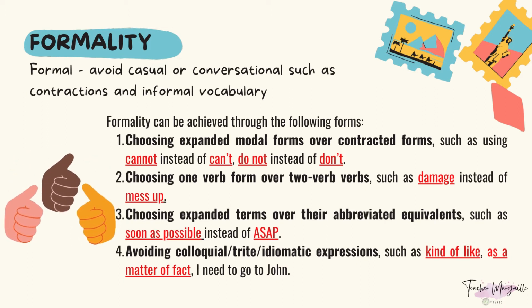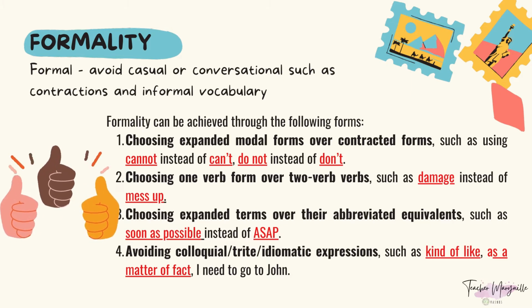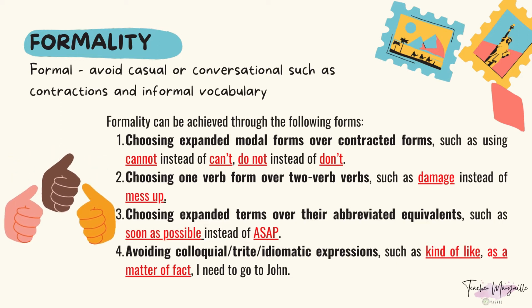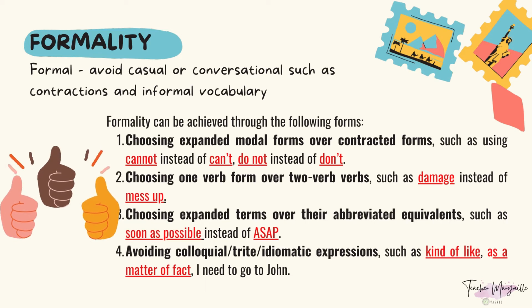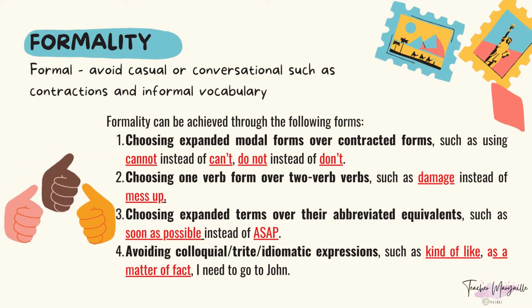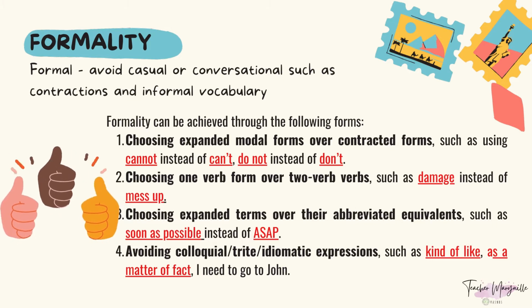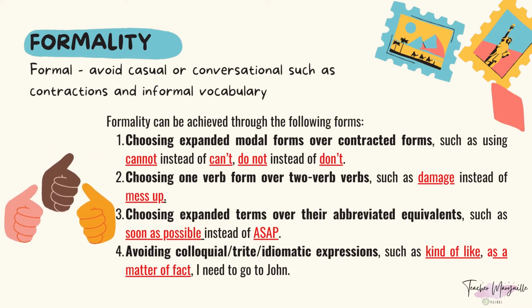Number 3, choosing expanded terms over abbreviated equivalents, such as soon as possible instead of ASAP. And number 4, avoiding colloquial, trite or idiomatic expression, such as kind of like or as a matter of fact.